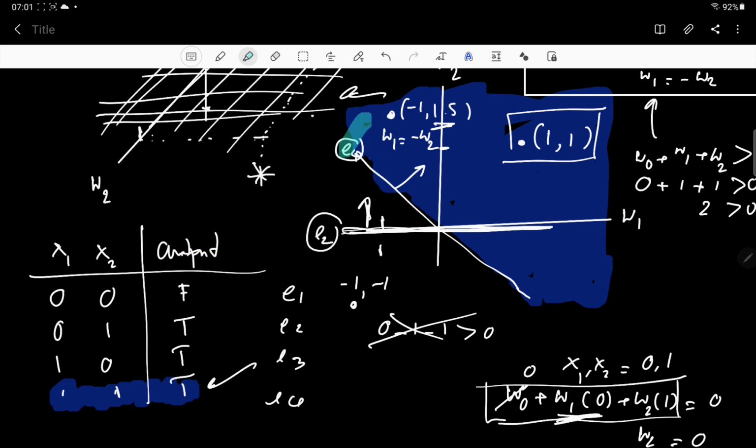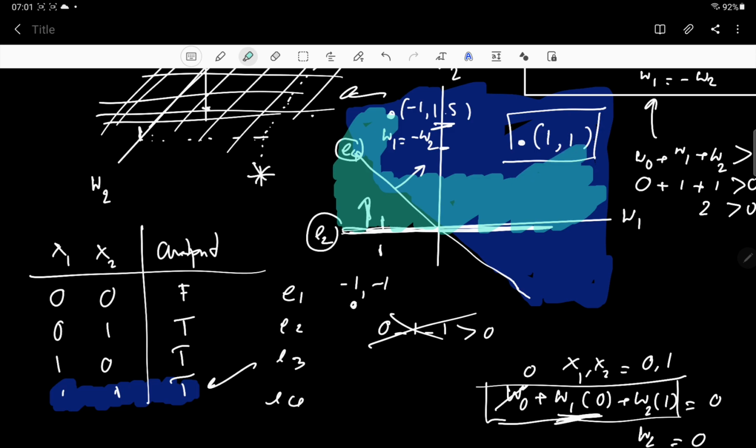Okay, so you can use this area to classify x2, E2. Okay, and next. So guys, can you see the overlap area?